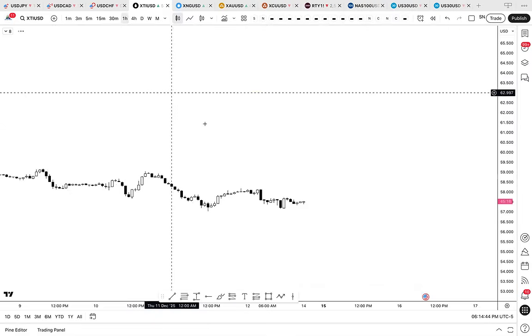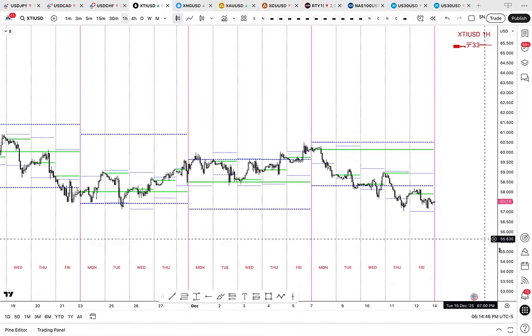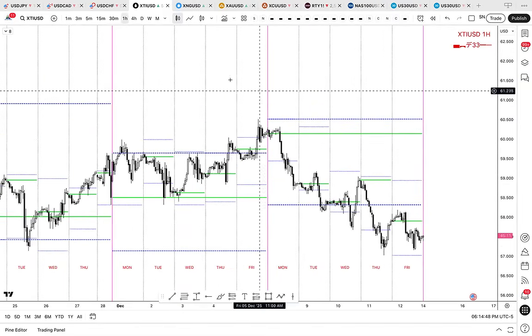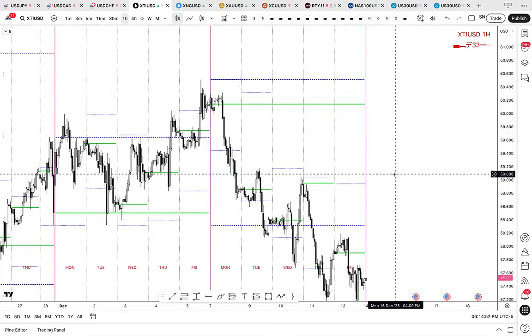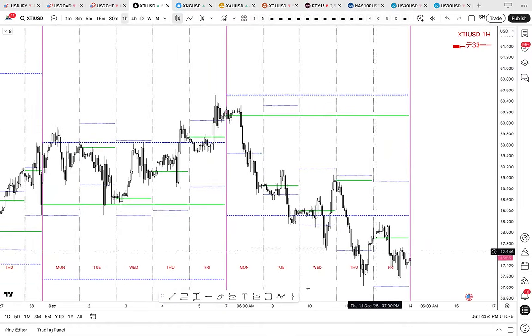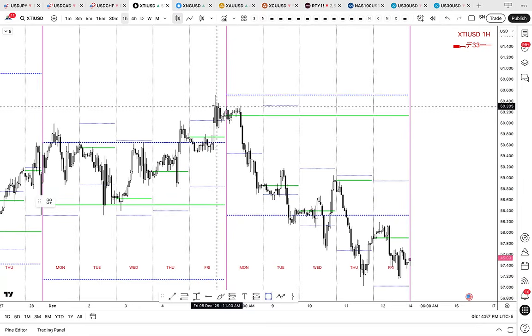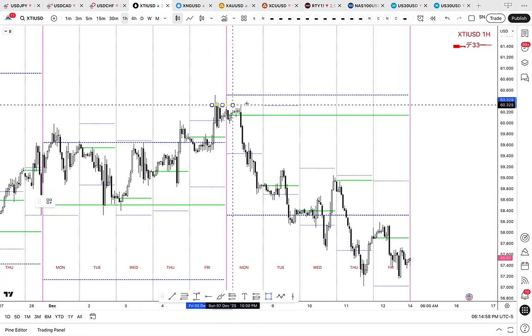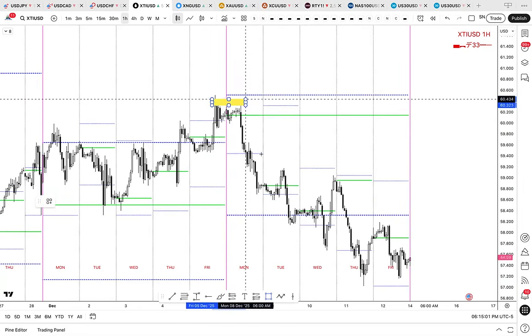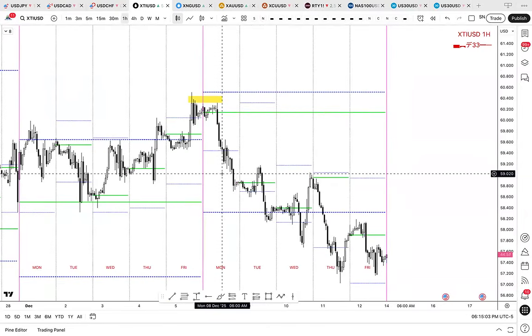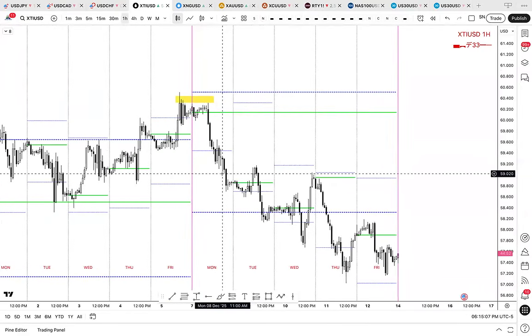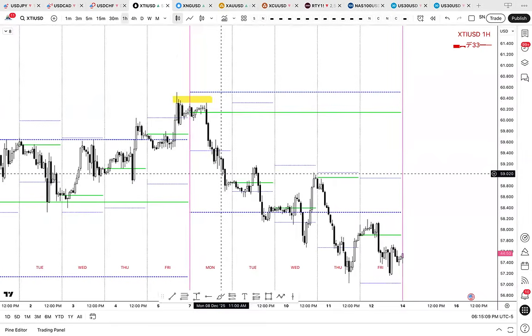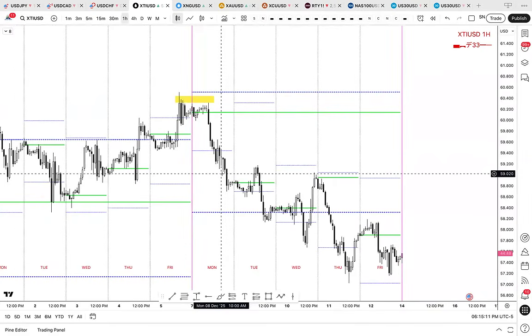So let's just zoom in for a second. I have it set up so that when I'm marking up on the daily, it doesn't show up on any other time frame. But if I mark up on the 1 hour, that's the only time frame that I care about that will actually bleed into my smaller time frames. Now, a few of you guys, I've been talking about these zones, and I did say at first I'm only marking them on the 15-minute.